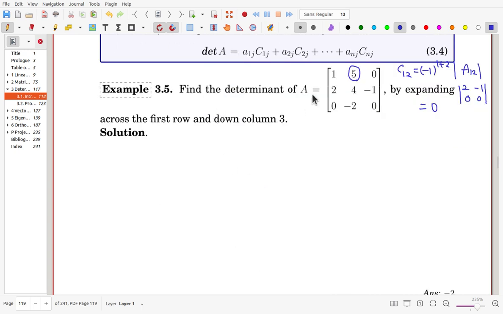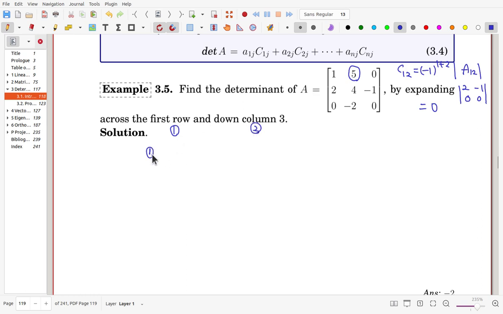Find the determinant of A by expanding across the first row and down column 3. Okay, we try to find the determinant across the first row and down column 3. That's the first one, and the second one.